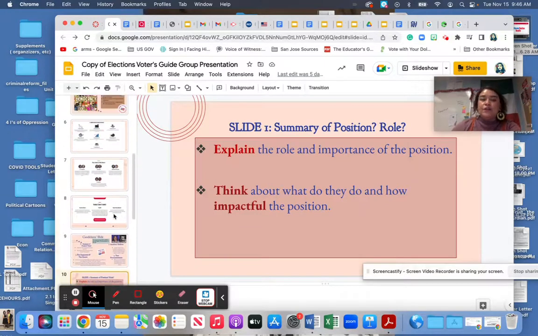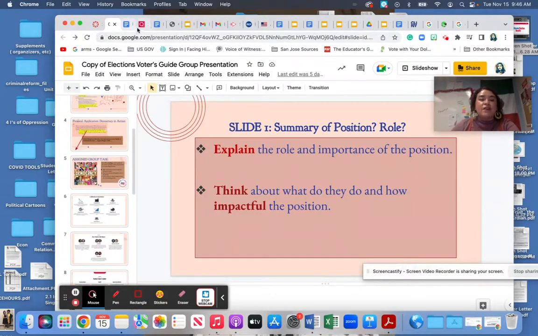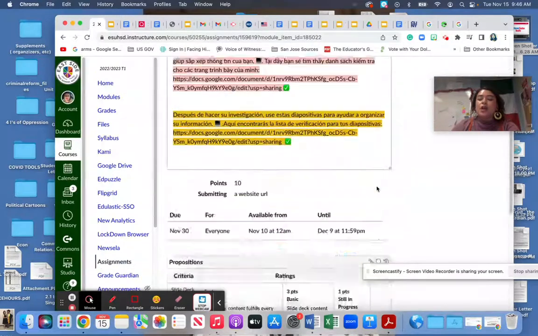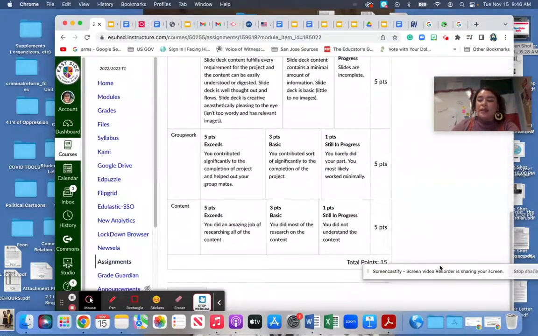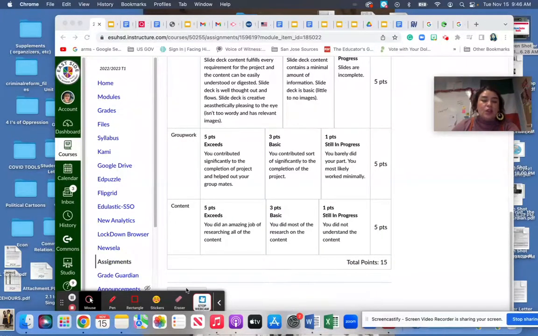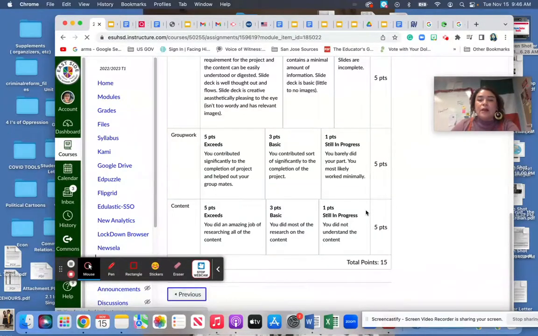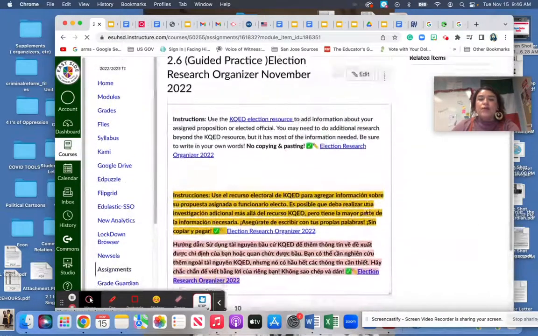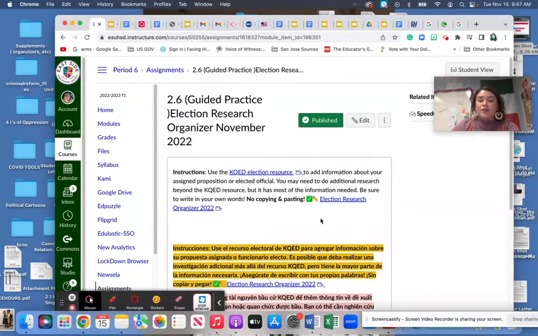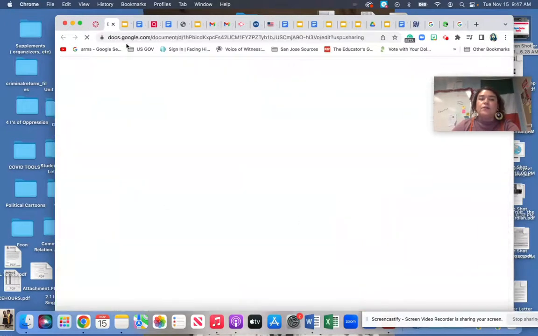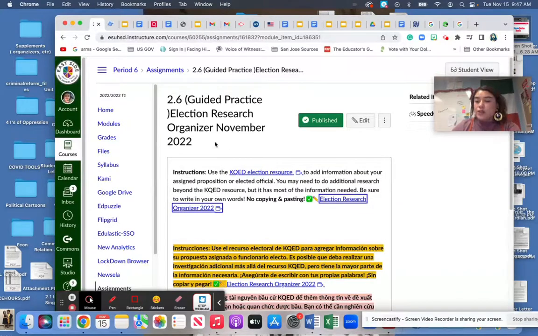When you find your information, because I know this can get very overwhelming, the way you're going to access that research is by going to the 2.5 organizer. So you're going to click on this organizer, and to go onto that website, you're going to go here, KQED.